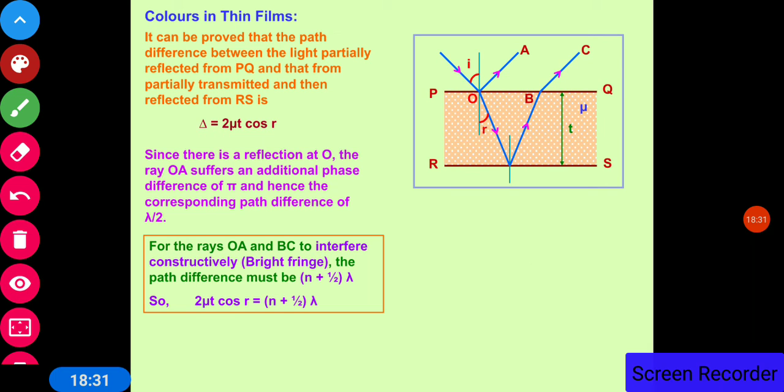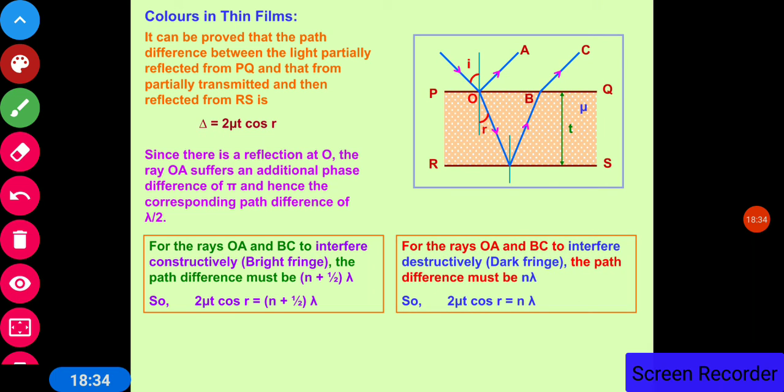And for the rays OA and BC to interfere destructively, the dark fringe, the path difference must be n lambda, that is 2 mu t cos r is equal to n lambda. So for the bright fringes the path difference must be n plus half lambda, and for the dark fringes the path difference must be equal to n lambda.